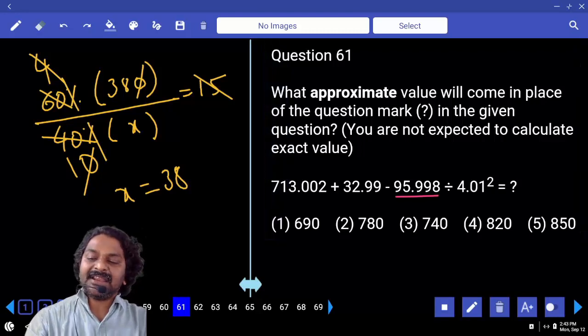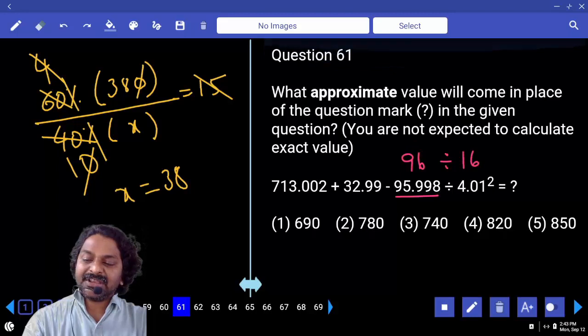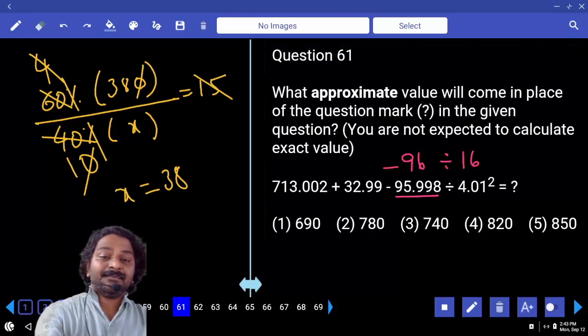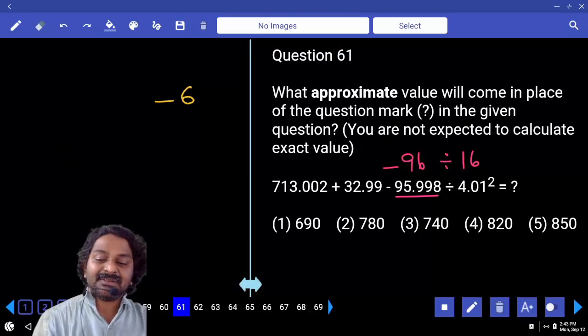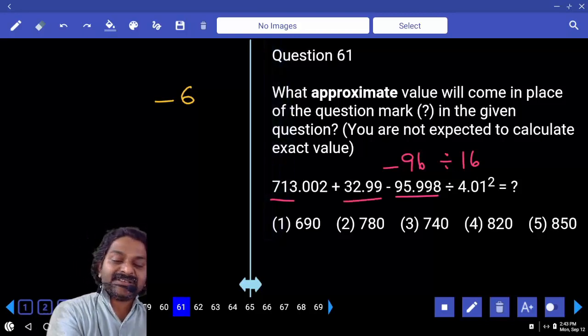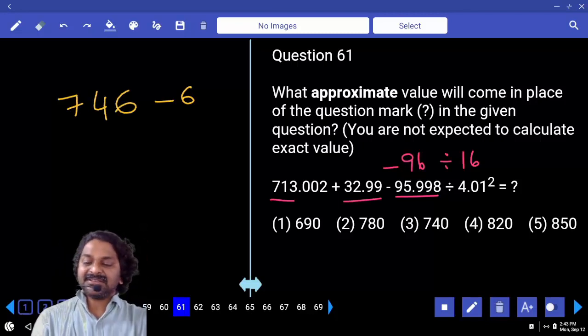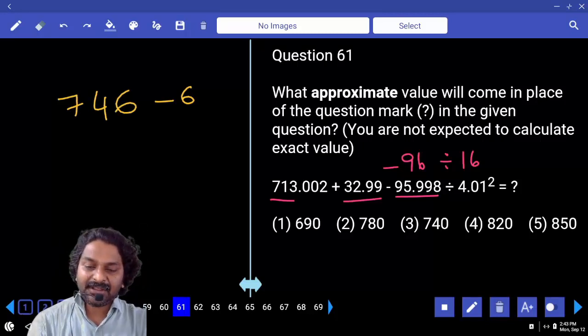Can I treat it as 96 divided by 4 square? 16. 96 by 16, 6 minus 6 only. 713 plus 33, which is equal to 746 minus 6, 740.